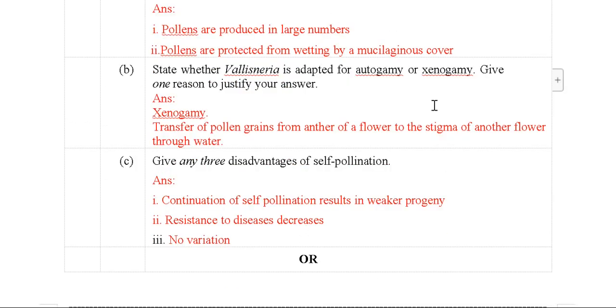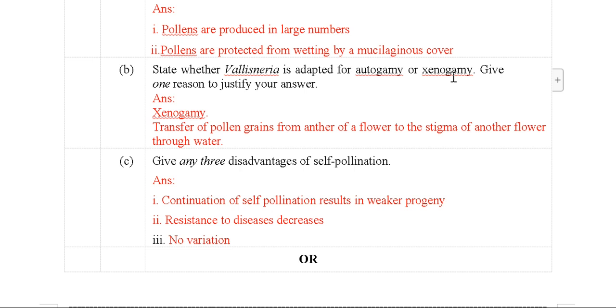Next: state whether Vallisneria is adapted for autogamy or xenogamy. Autogamy indicates self-pollination, and xenogamy indicates cross-pollination. Here, Vallisneria performs pollination through an agent, and the agent is water, so obviously it is xenogamy.